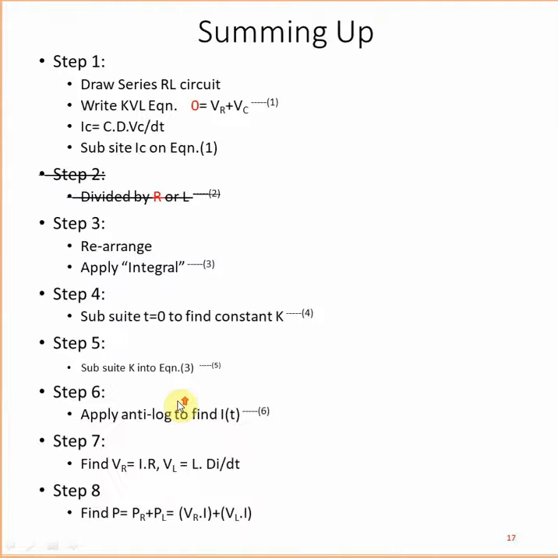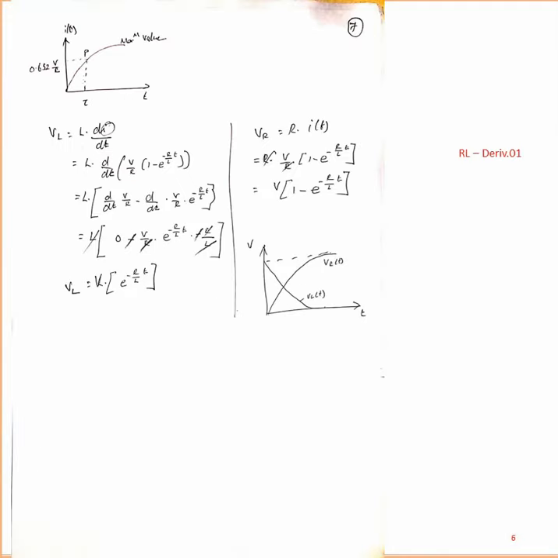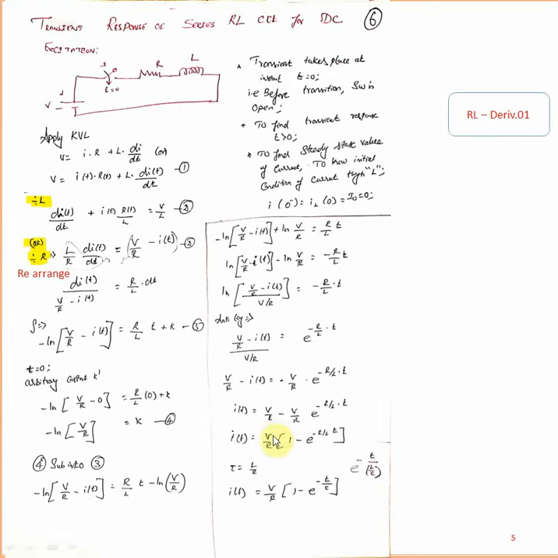This is equation number 7: I is equal to V by R into the bracket 1 minus e power minus R by L into t. Same equation, alternative method.